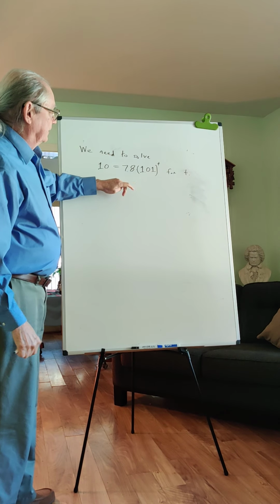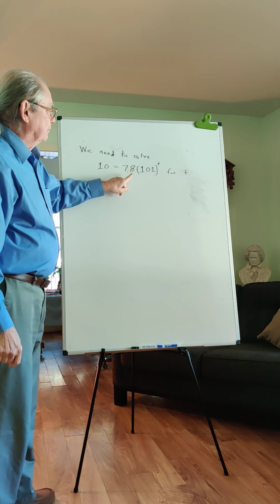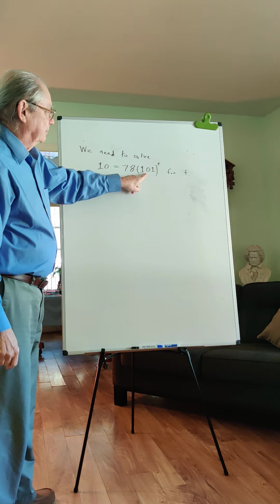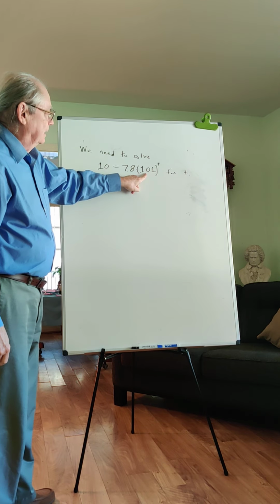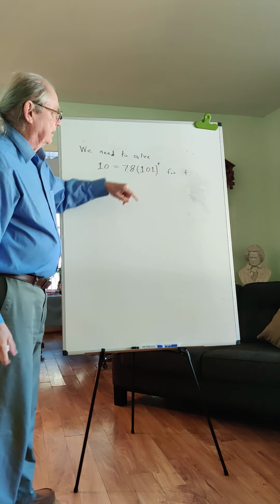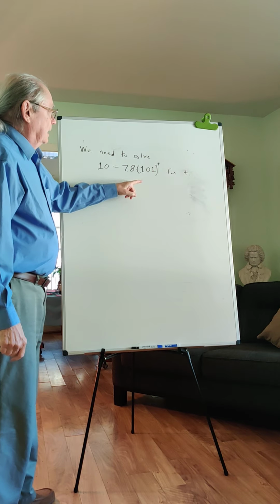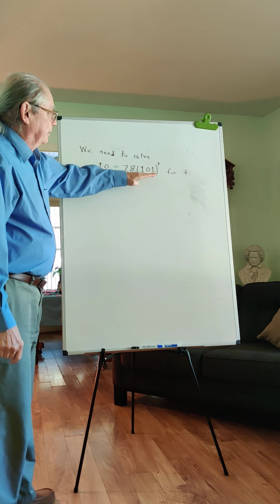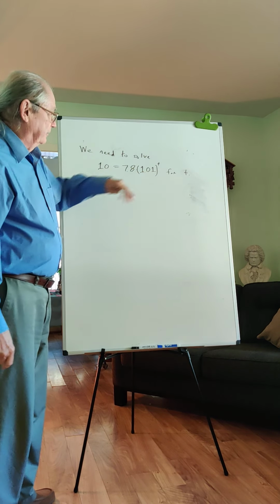Okay, so this is year 2020. In year 2021, we would multiply 7.8 by 1.01. That would be equivalent to adding 1%. For 2022, we would multiply by 1.01 twice, and so forth.